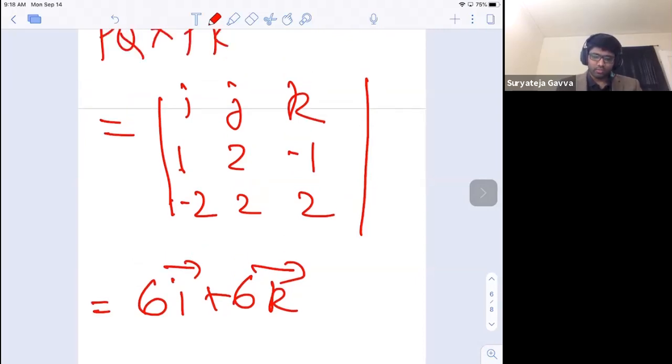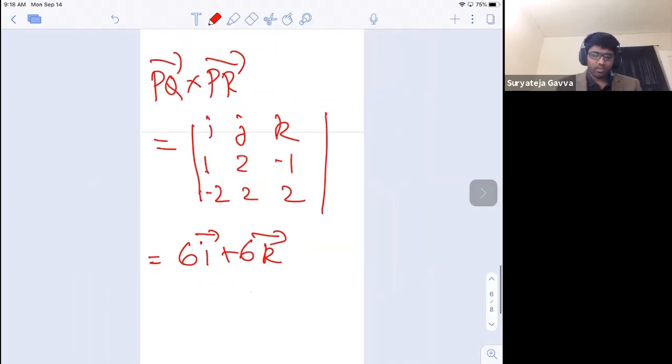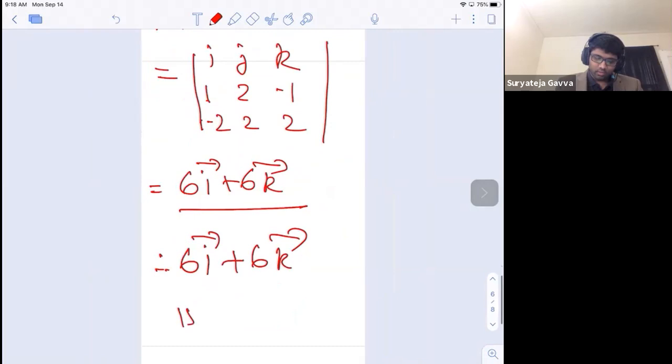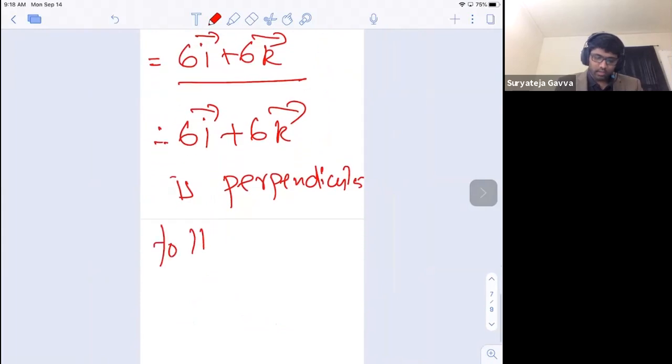The i determinant is 6, the j determinant is 0, the k determinant is 6 again. So this is a vector, and therefore 6i plus 6k is perpendicular to the plane PQR, the plane containing PQR.